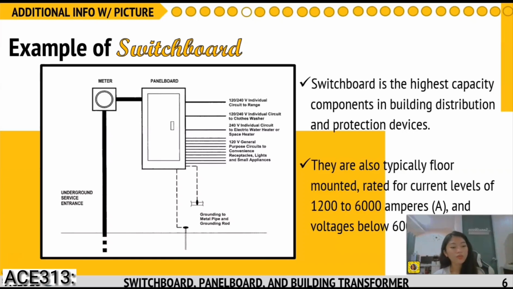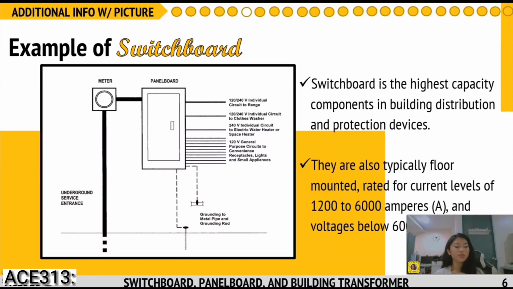Or ano yung meaning ng floor-mounted? If you say floor-mounted, it is set on the floor and attached to a wall with a bracket to assure that the unit can be pulled forward. Okay? Always remember that the switchboard is typically floor-mounted and rated for current levels of 1,200 to 6,000 amperes and voltages below 600 volts.